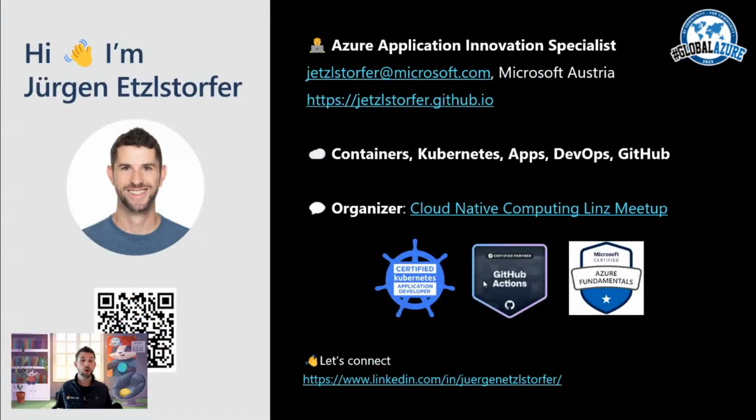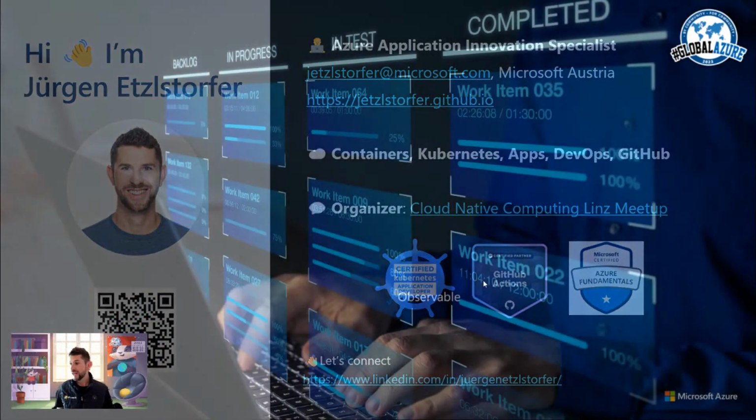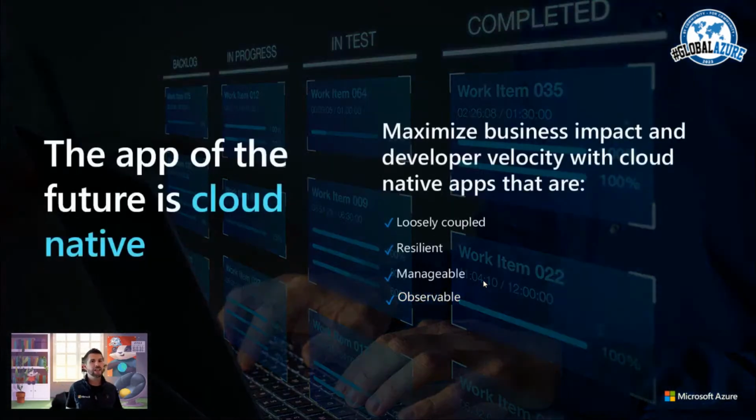So for today's topic, what do we have? We're talking about applications today. Here it says the app of the future is cloud native, but I think it's not the app of the future, it's how we are nowadays developing modern software. This should already be the paradigm for how we develop software. We usually put applications into containers to allow for a couple of different factors.